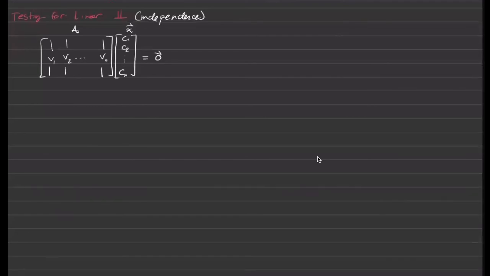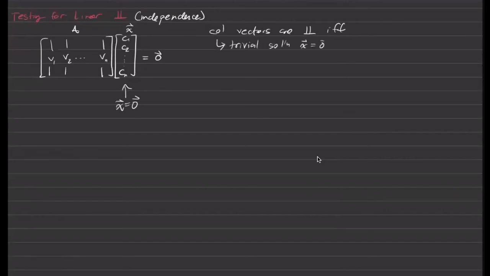We can say that our column vectors are linearly independent if and only if the solution to this is only when x is equal to the zero vector. So that's what we call the trivial solution. So if the trivial solution, where x is the zero vector, is unique, it's the only solution to this equation, that means all the ci are 0, every ci is 0 for all i.